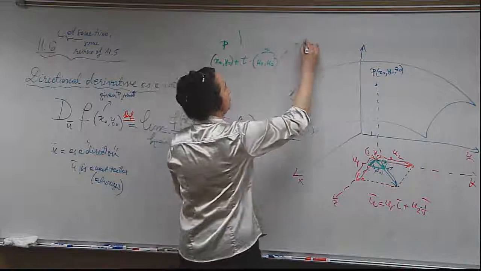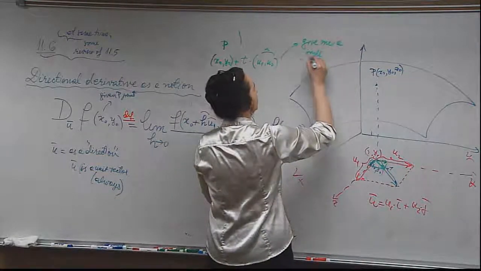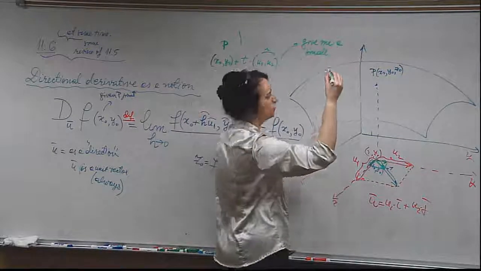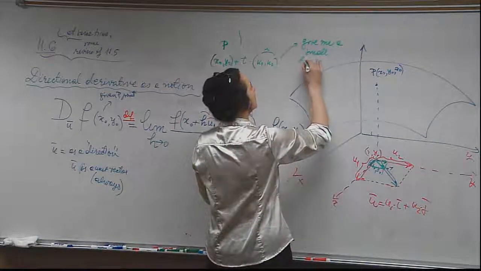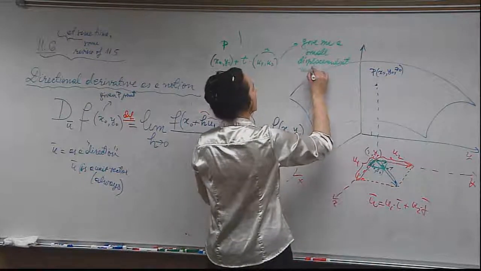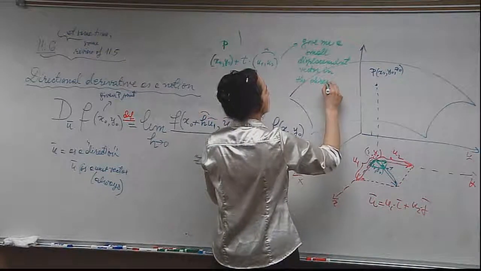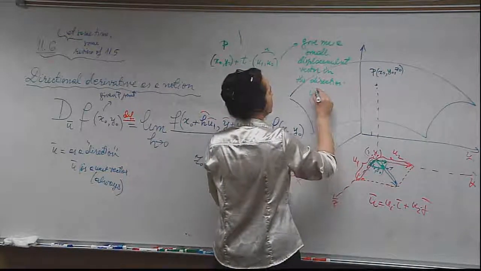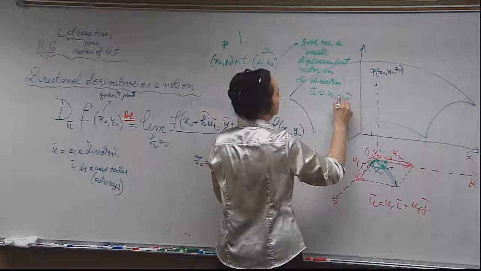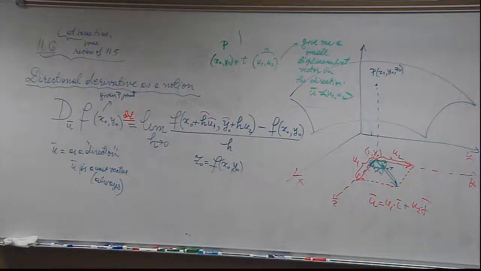So give me a very small displacement vector in the direction u, which is u1, u2, as a vector. You like angular brackets, I don't, but it doesn't matter.